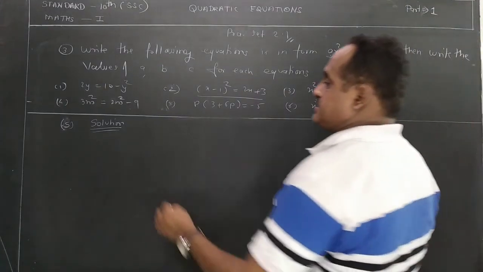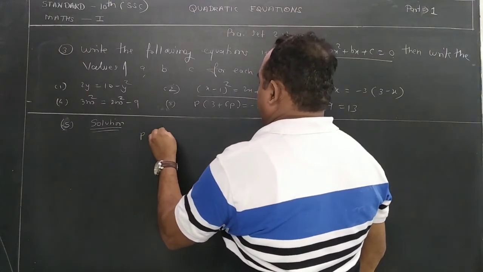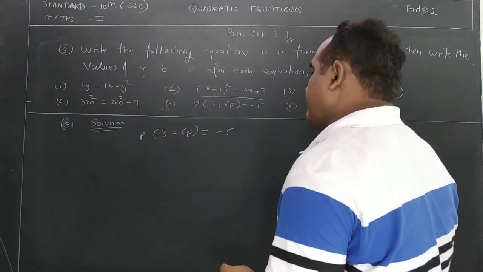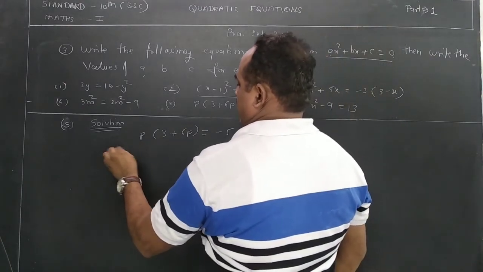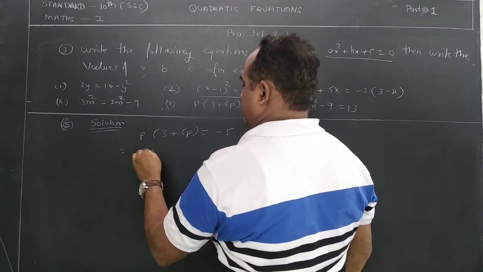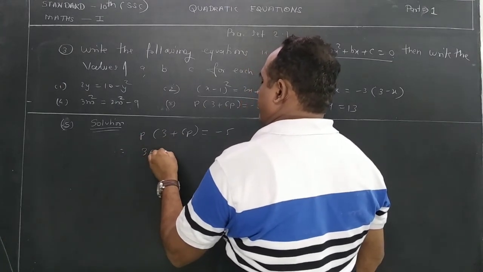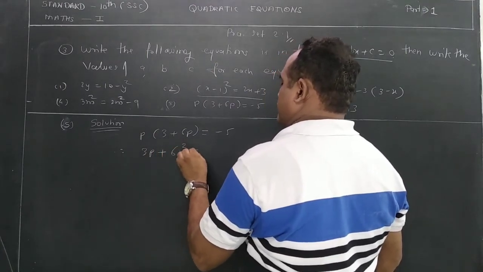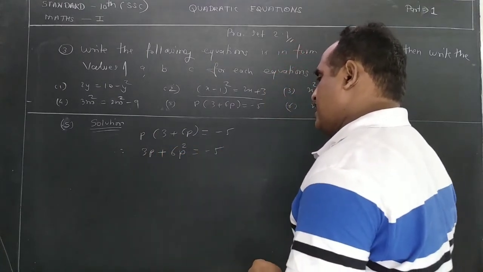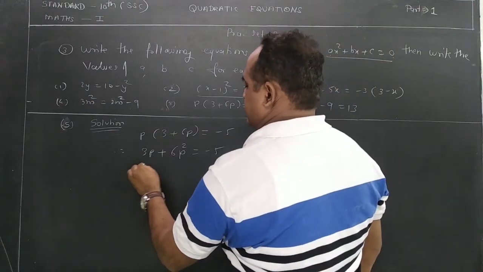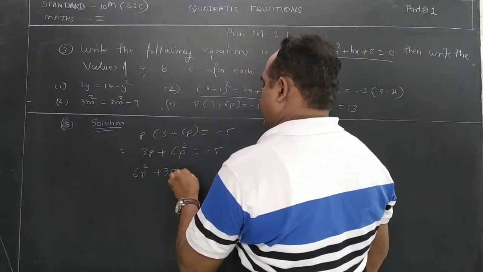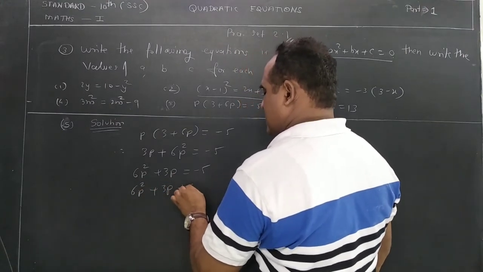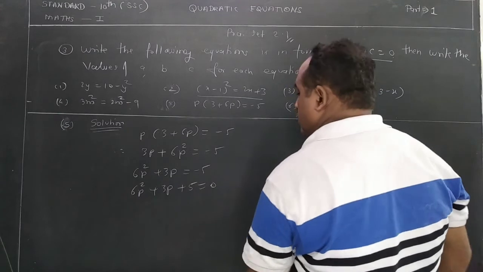Now the fifth question is p in bracket 3 plus 6p is equal to minus 5. So if I multiply p into 3 it is 3p, and 6p into p is 6p square, is equal to minus 5. So 6p square plus 3p is equal to minus 5, or 6p square plus 3p plus 5 is equal to 0.